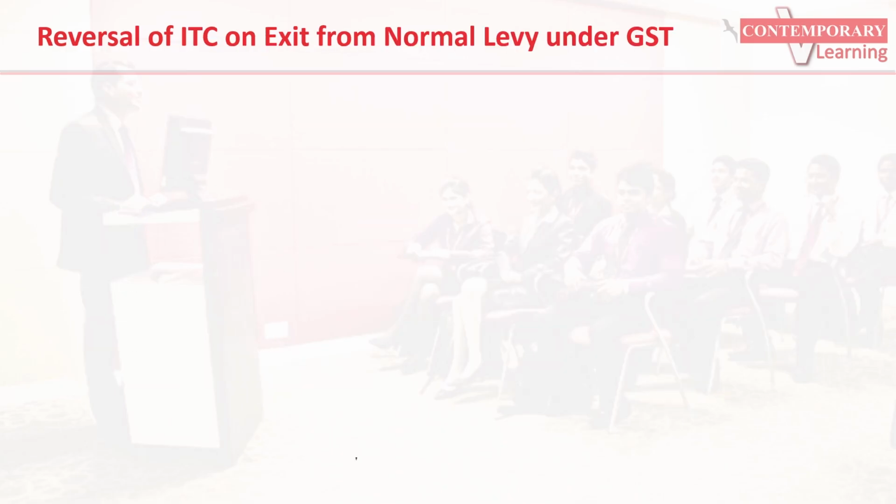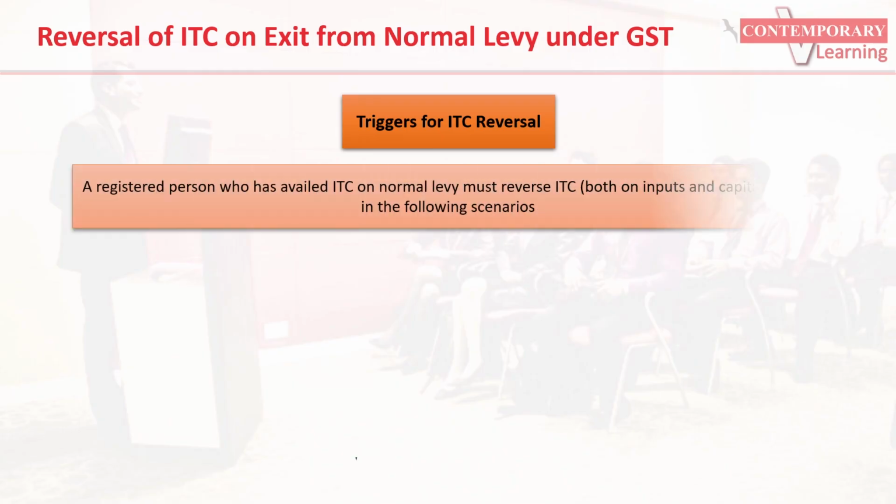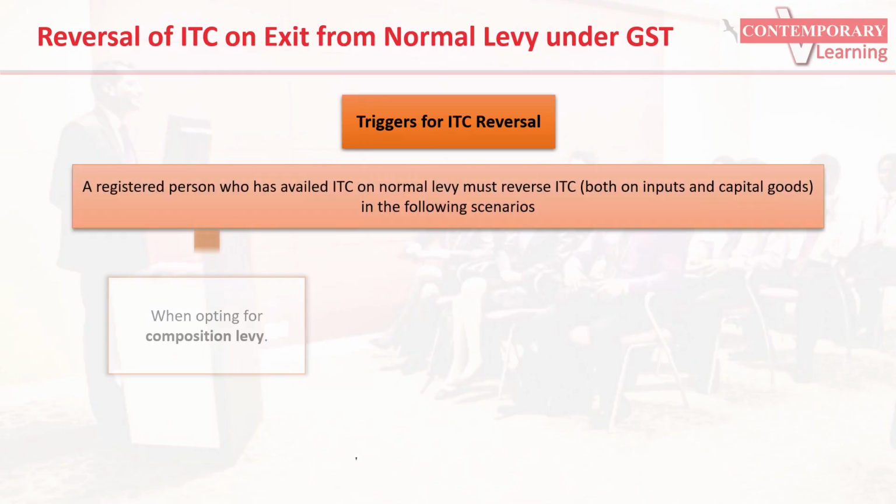Now let's discuss when you need to reverse ITC. Just as there are provisions to claim ITC in special circumstances, there are also requirements to reverse ITC when you exit the normal tax regime.